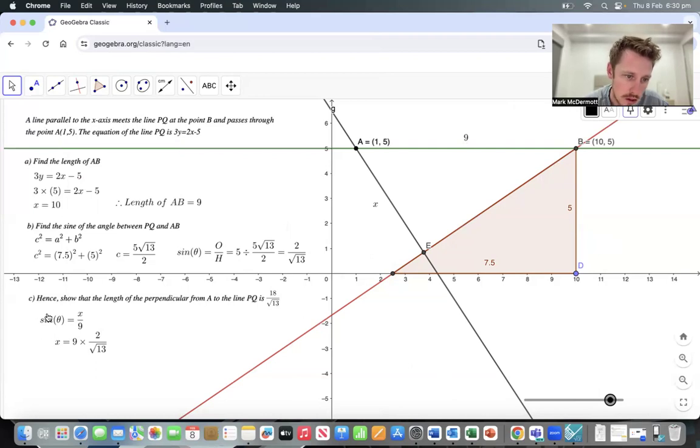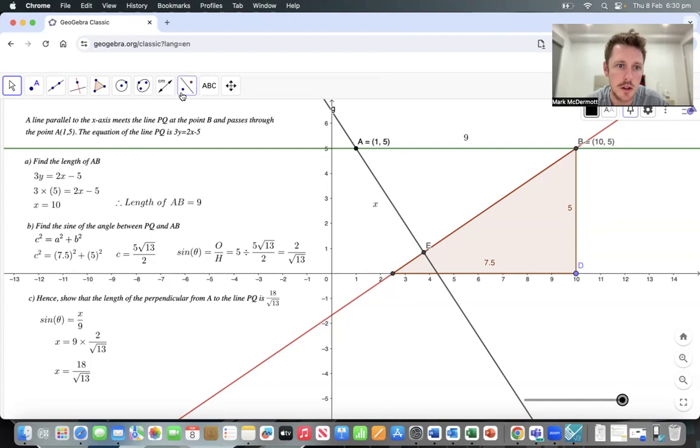So just replacing sine of theta with 2 on root 13 and then rearranging to get x on its own, it's going to become 9 multiplied by 2 on root 13, which is 18 on root 13. So this length here must be 18 on root 13.